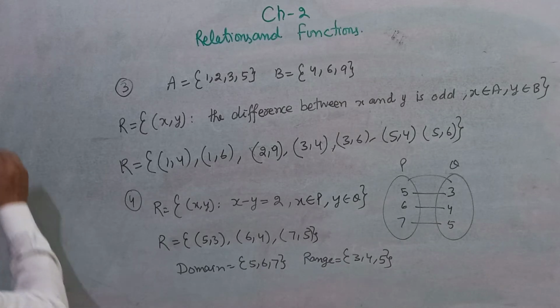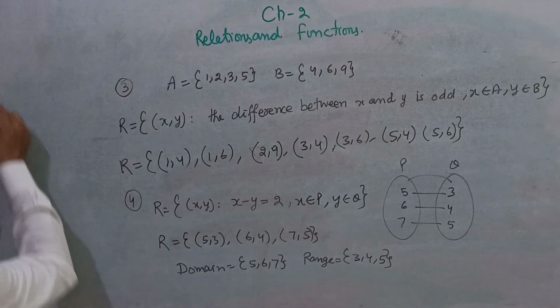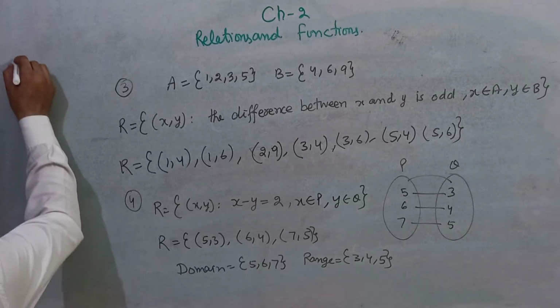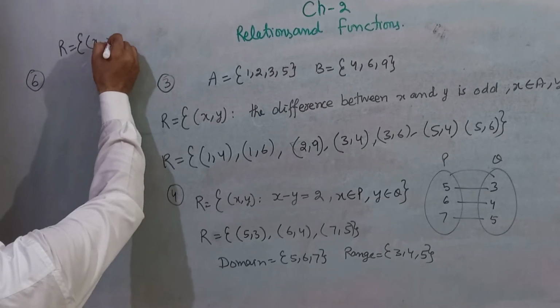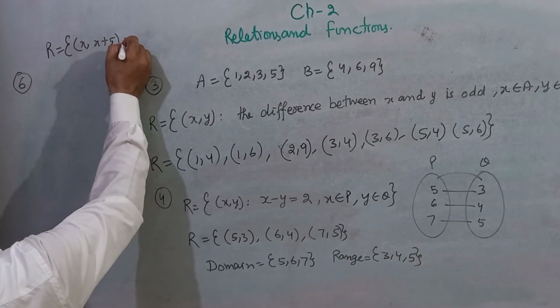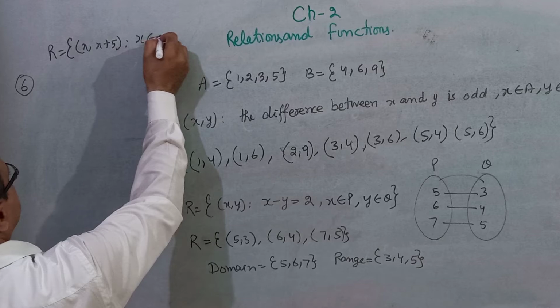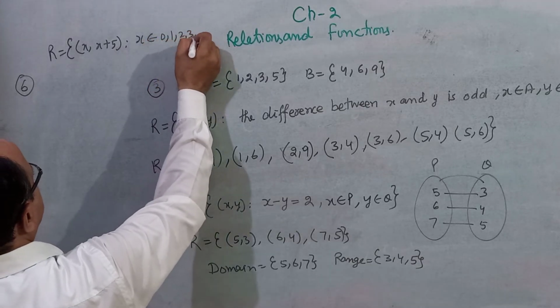Now question number 6. The relation is the set of ordered pairs (x, x plus 5) such that x belongs to {0, 1, 2, 3, 4, 5}.